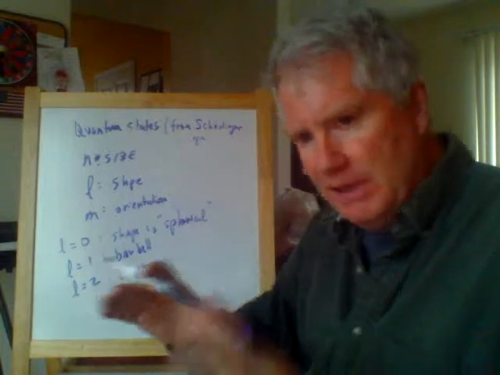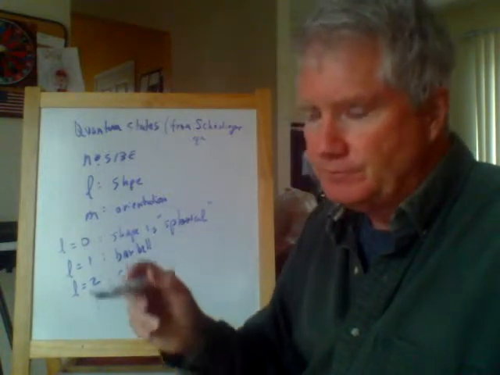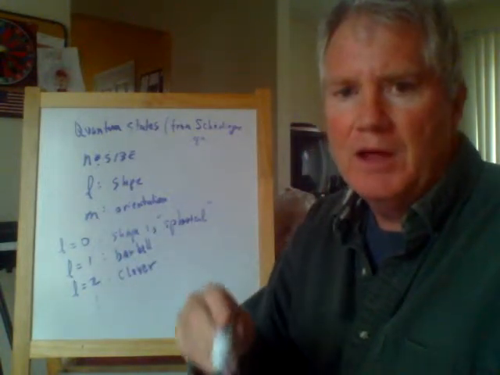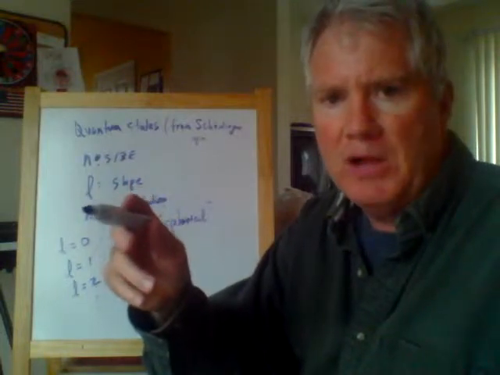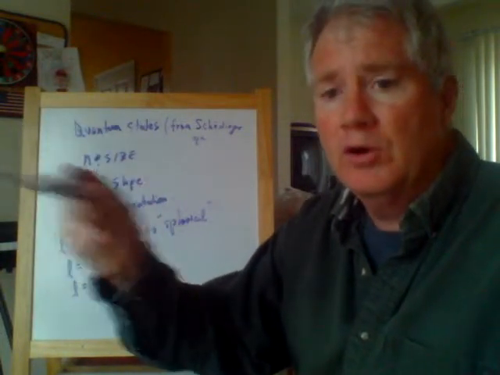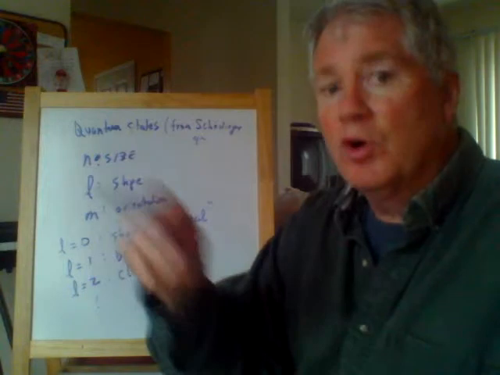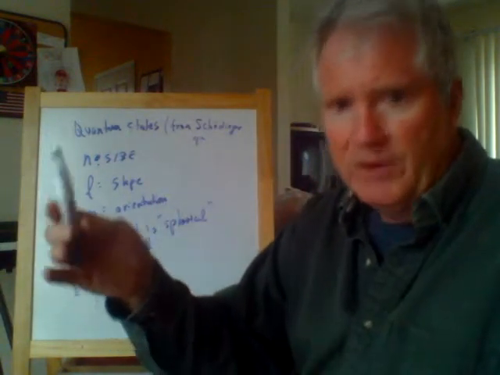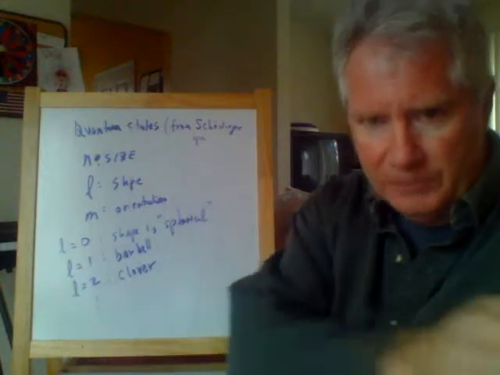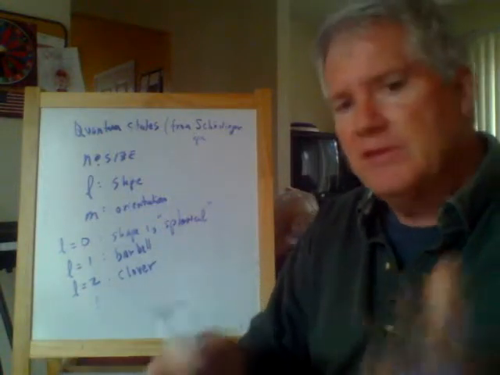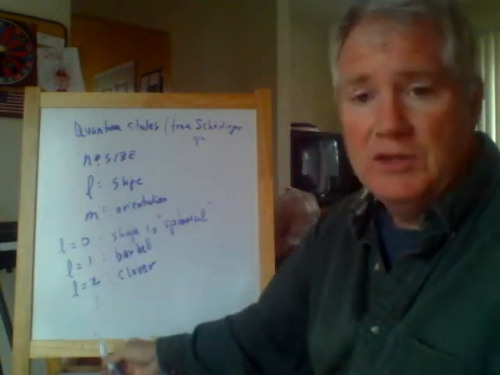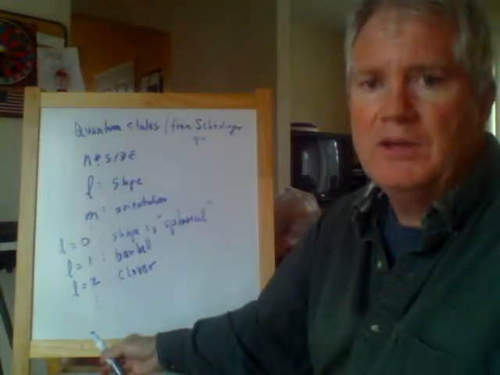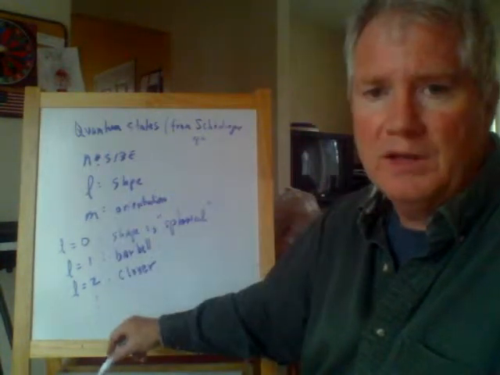I'll draw it, but if you've ever seen mathematical functions like a third order polynomial, and a fourth order or a fifth order, what you'll see is there are more bends in the curve. In going from second or third order to fourth to fifth to sixth, there's a pattern there, and it's the same sort of pattern that we see in these shapes as they get more complex as L gets larger.